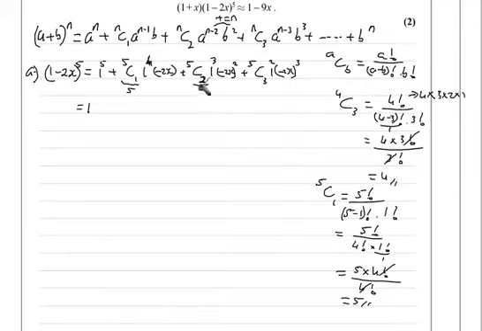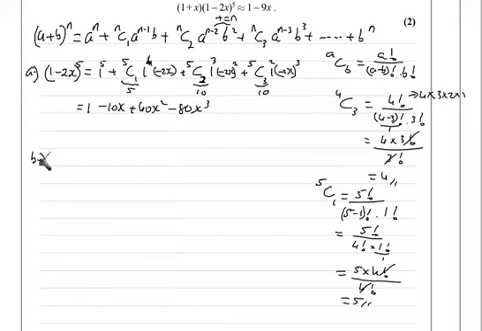Let's continue then. 5 times minus 2x, you have minus 10x. Minus 2x squared is 4x squared, times 10, so I have 40x squared. And minus 2x cubed is minus 8x cubed, times 10, so minus 80x cubed. So you found the 4 terms.